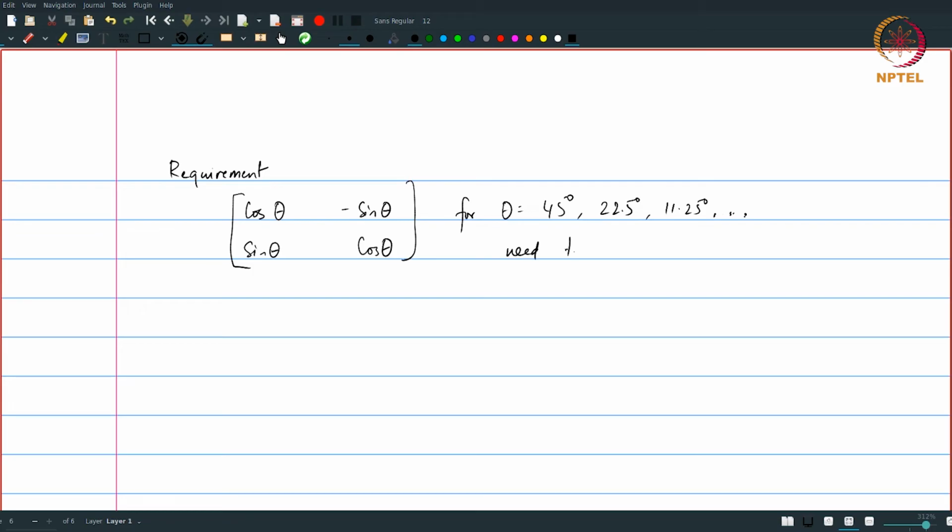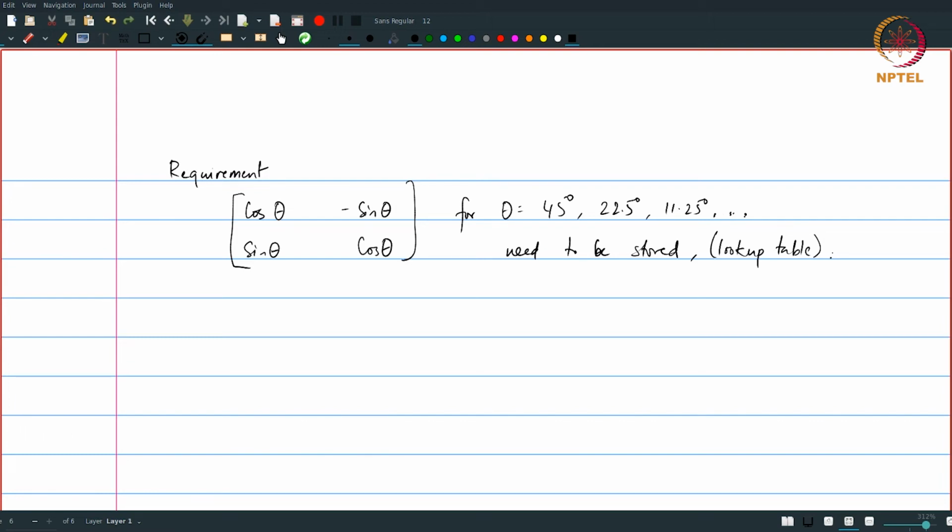All these values need to be stored possibly in a lookup table or in some other way that makes it easy to compute. This is still okay. Hopefully the number of such values that I need to store is not very large. Maybe even if I store around 10 such values, I would be able to iterate through 10 different angles and I should be able to get to closer than 1 degree of computation.